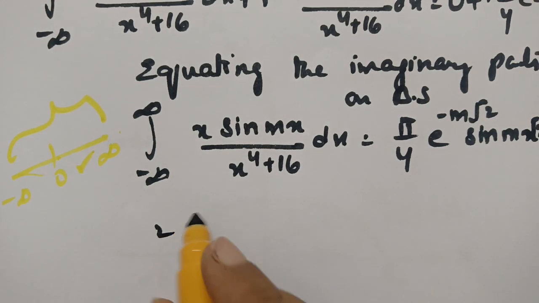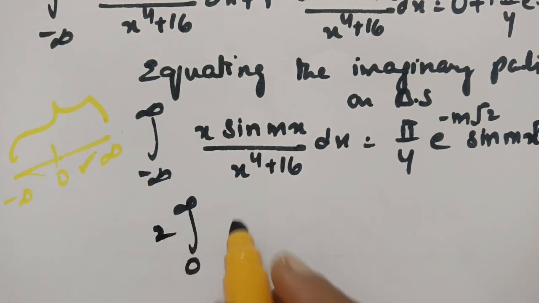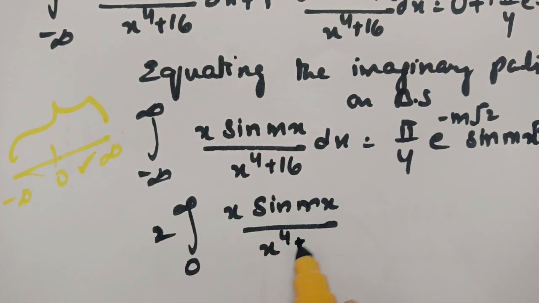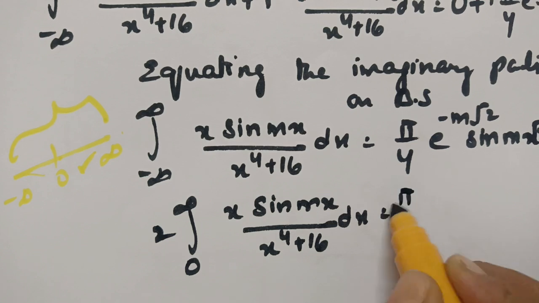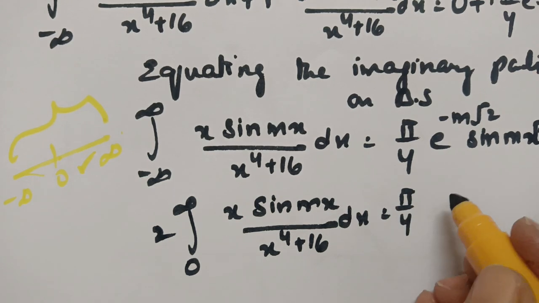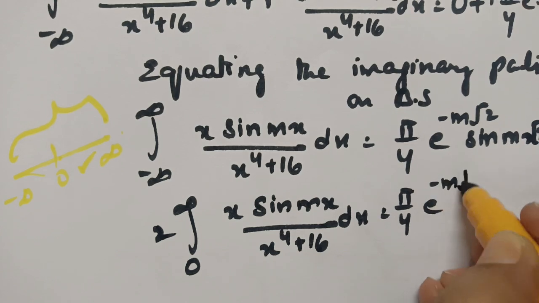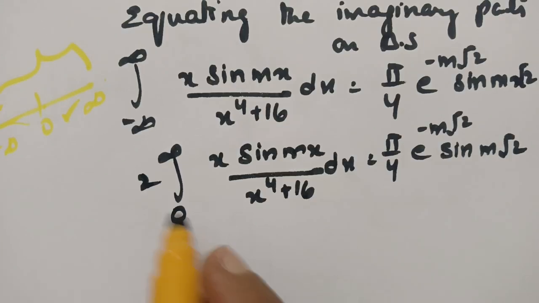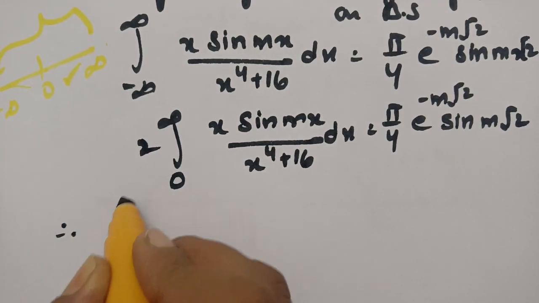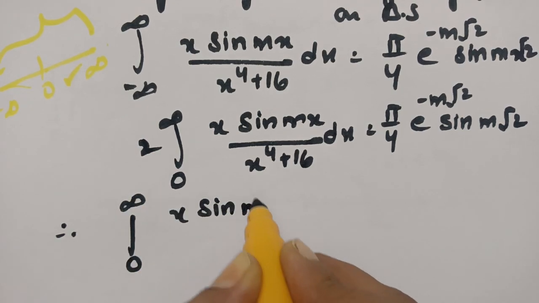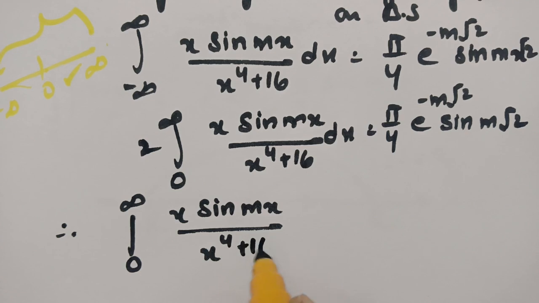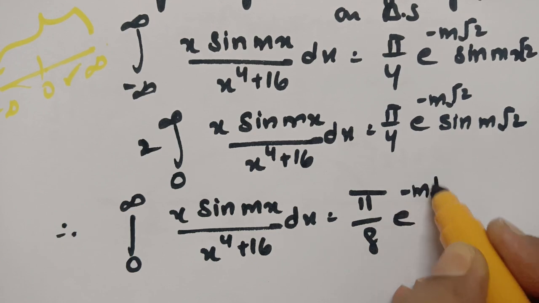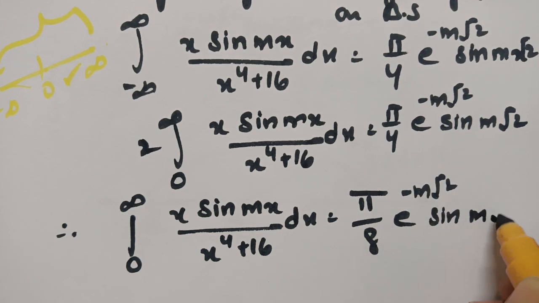So this will be 2 times the integral from 0 to infinity of x sine mx by x power 4 plus 16 dx, which is equal to pi by 4 times e power minus m root 2 into sine m root 2. Clear? If I send 2 to the other side, this will be the integral from 0 to infinity of x sine mx by x power 4 plus 16 dx, which is equal to pi by 8 times e power minus m root 2 into sine m root 2.